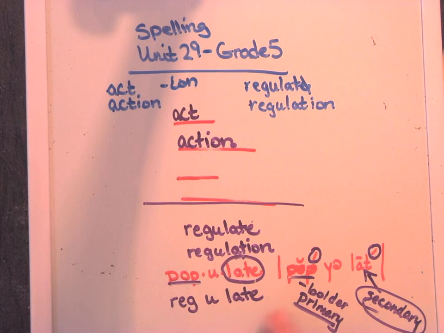Look them up in the back, see which ones are bolded with the accent mark. That's going to be underlined. The one that has the accent mark but is not bold is going to be circled because it's secondary. Okay, and that's your spelling unit for this week.